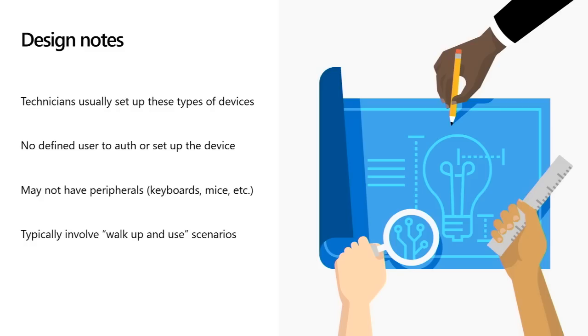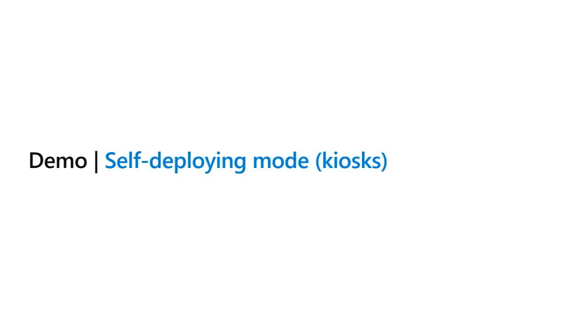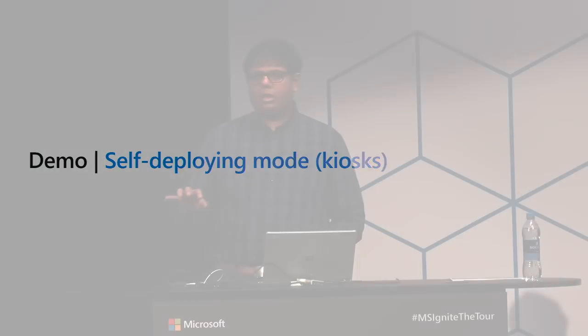They're typically set up as kiosks, or as first-line worker scenarios where you have a stock of machines, a user pulls a machine off the top, signs in, does whatever their task is, and puts it back on the pile. For these types of machines, we need a flow that doesn't require user credentials and just leaves the device in a state where it can be used immediately whenever it needs to be used.